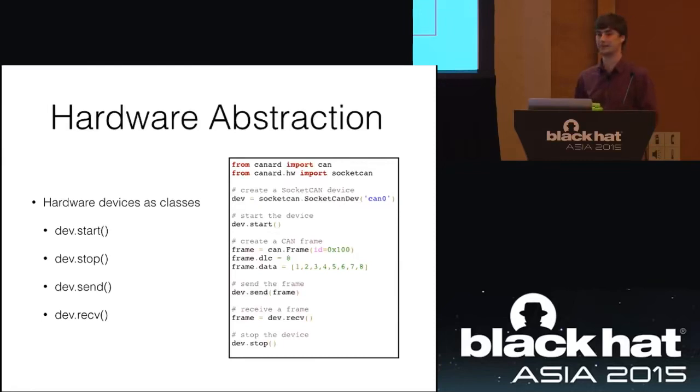The data length code, DLC, is 8, saying that it's 8 bytes long, and the data is 1 through 8. It's not a terribly useful frame, but it's a frame. And then we can just do dev.send frame, and it will go out on the bus. To receive a frame, we just do dev.receive, and we get a frame back. And then finally, when we're done, we can stop the device and free it up for other stuff to use.